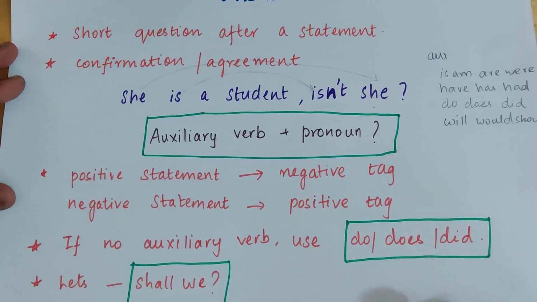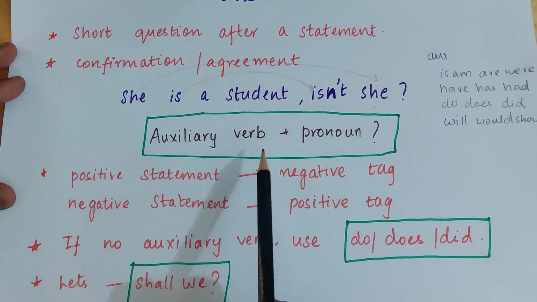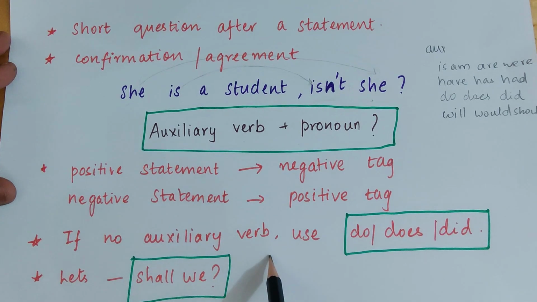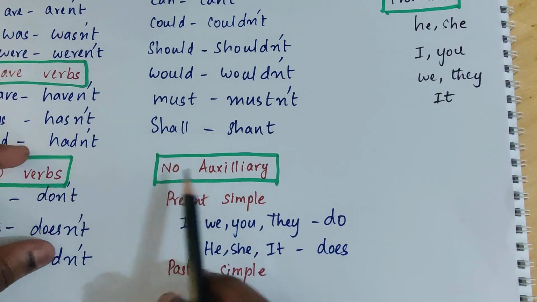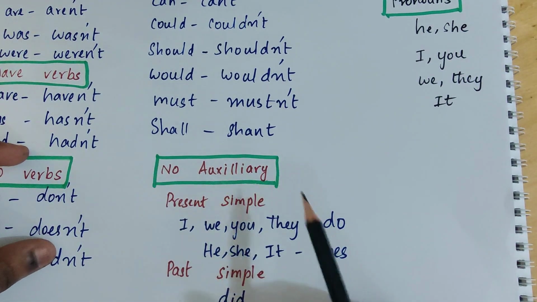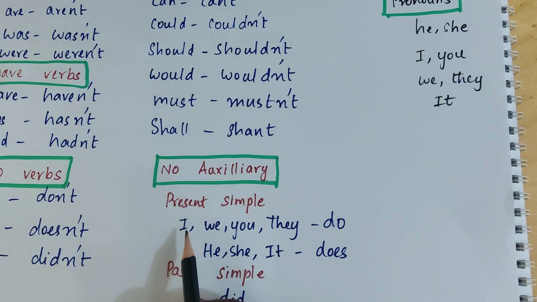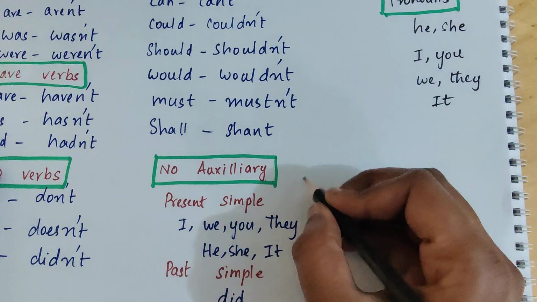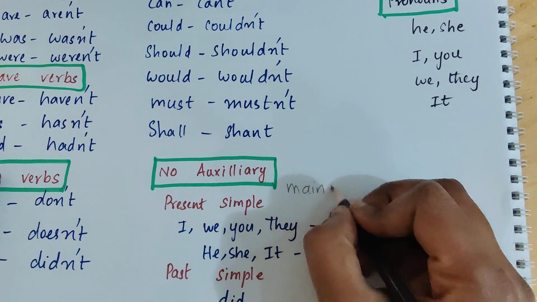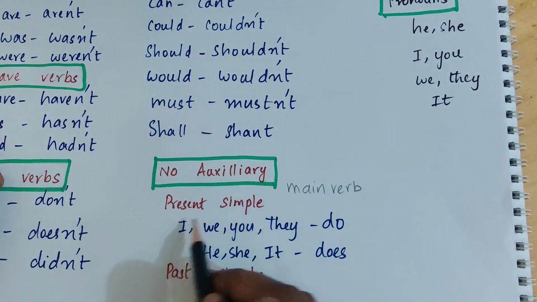Examples we saw are the sentences with auxiliary verb. When there is no auxiliary verb, the rule is to use do, does, did. When there is no auxiliary verb present in the sentence, we have to look at the main verb of the sentence and find out if it is present simple.